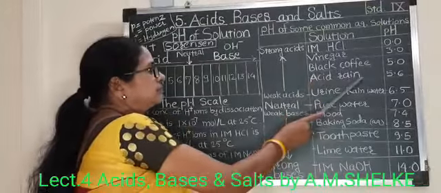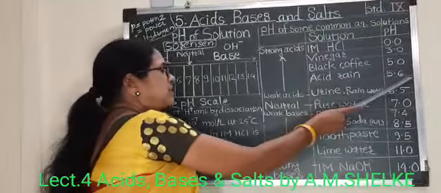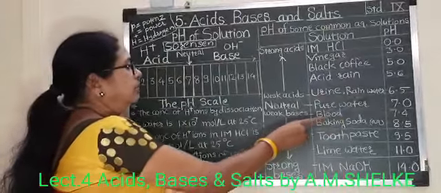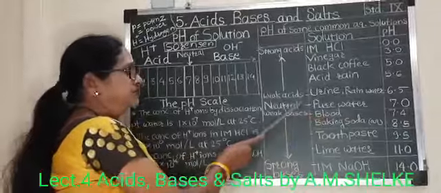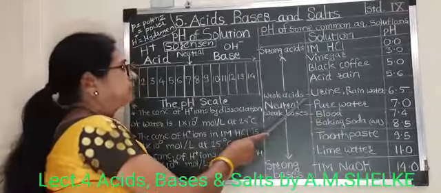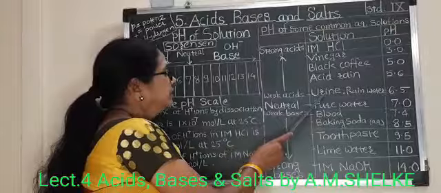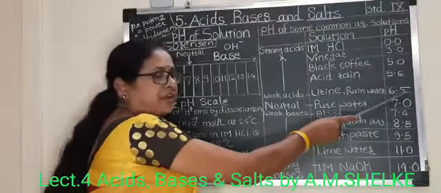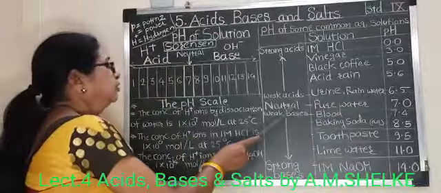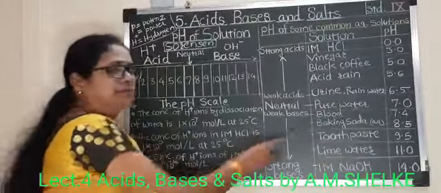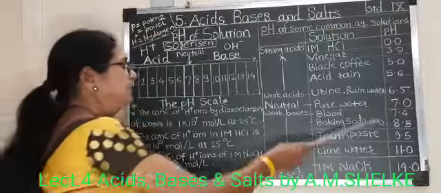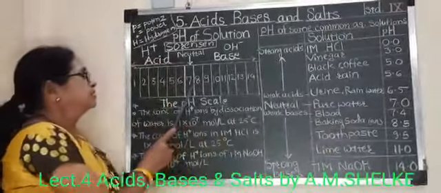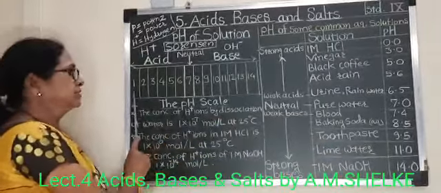Acid rain has a pH of 5.6. Urine and rainwater are weak acids. These solutions have a pH of 6.5. A neutral solution like pure water or sugar solution has a pH of exactly 7. See, the 7 is the midpoint of this pH scale.